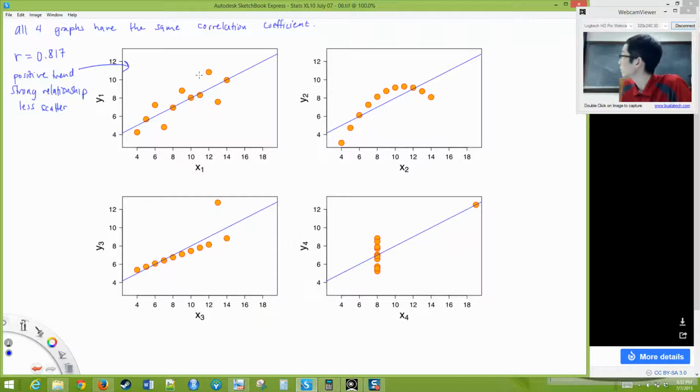Okay? Because this one, so here R is also equal to 0.817, but the interpretation doesn't really work. Okay? Correlation is not appropriate.